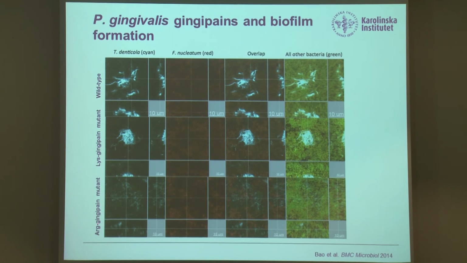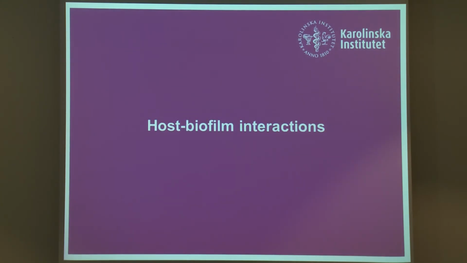But when the arginine gingipain mutant was introduced, so when the arginine-specific gingipain was missing, this conformation was lost. There was a much more even distribution. So that also shows that the other gingipain of P. gingivalis has a role in the functional arrangement of Treponema denticola.